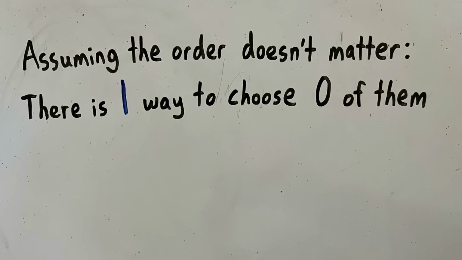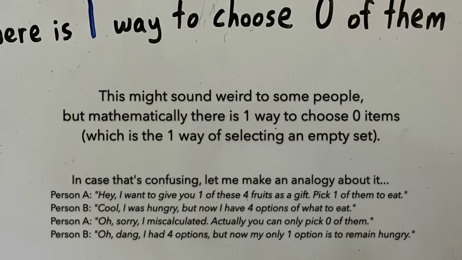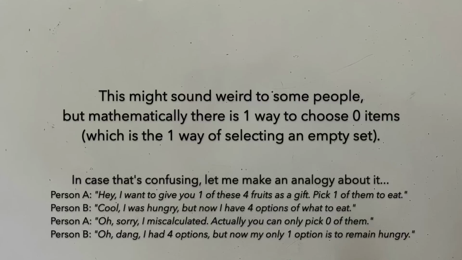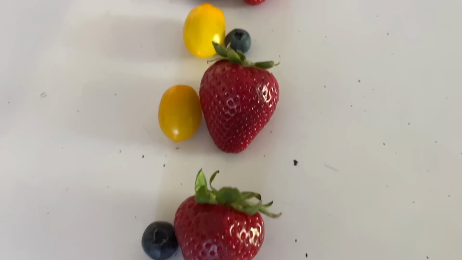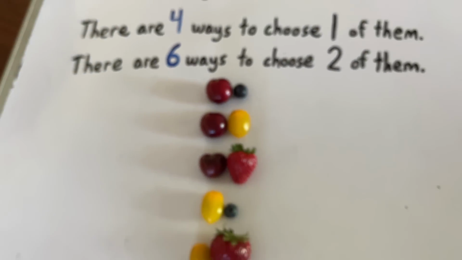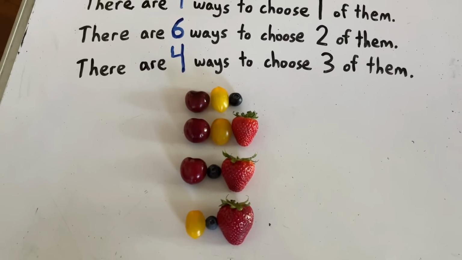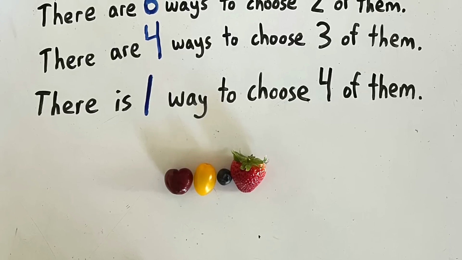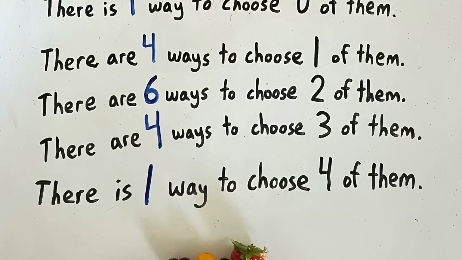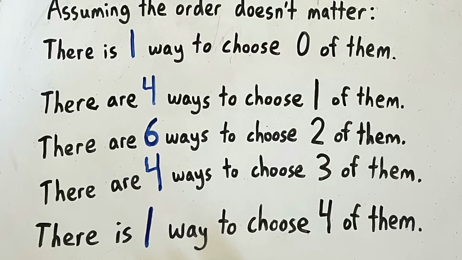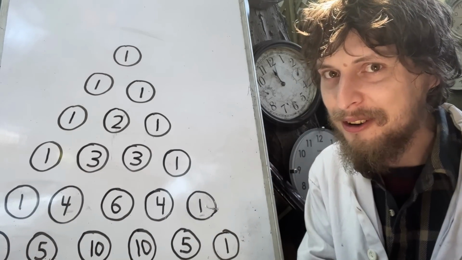For example, there is technically one way to select none of them, the way of selecting nothing, and there are 4 ways to select one of them, and you'll notice there are 6 ways to select 2 of them, and there are 4 ways of picking 3 of them, or 1 way of picking 4 of them, and all of those numbers we encountered, 1, 4, 6, 4, 1, are a row of this triangle here.